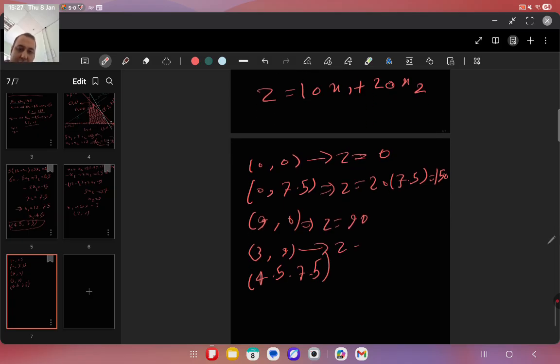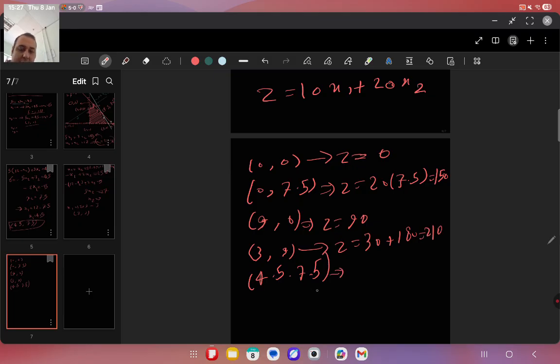For 3 and 9, z will be 3 times 10 becomes 30, 9 times 20 becomes 180, so 210.